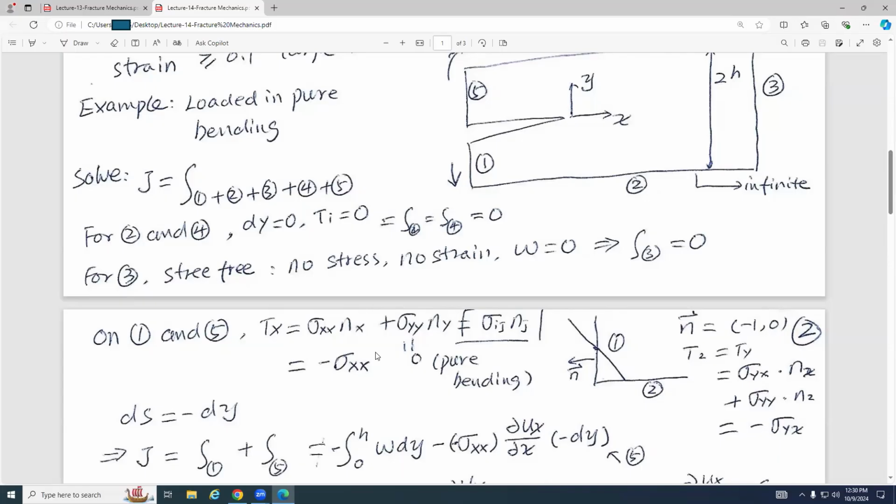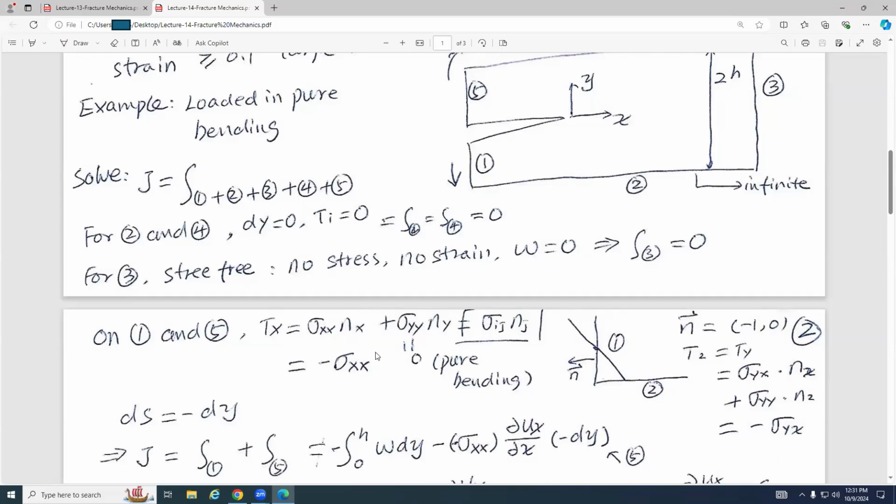Because some students are not familiar with the subscripts, x is 1 and y is 2. So Tx equals sigma xx multiplied by nx plus sigma xy multiplied by ny. This is how we get here.